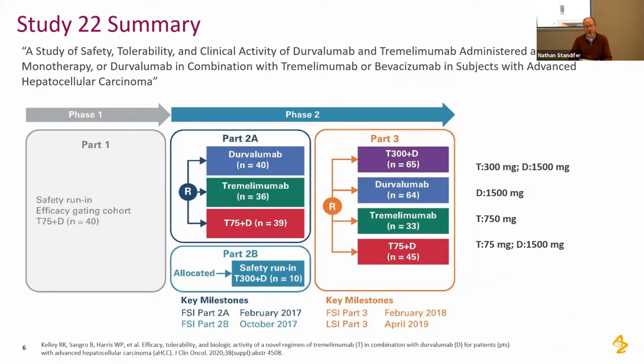In the first, termed T75 plus D, patients received 75 milligrams of tremi Q4W for 4 doses, plus durva at 1,500 milligrams Q4W for the trial duration. In the second combination arm, termed T300 plus D, patients received a single dose of tremi at 300 milligrams and durva at 1,500 milligrams Q4W for a year.